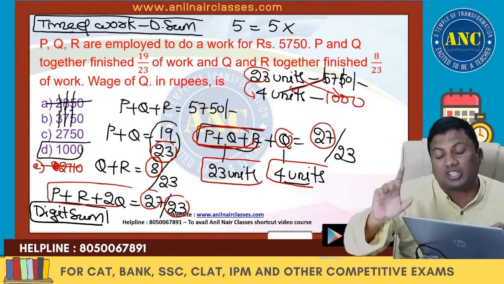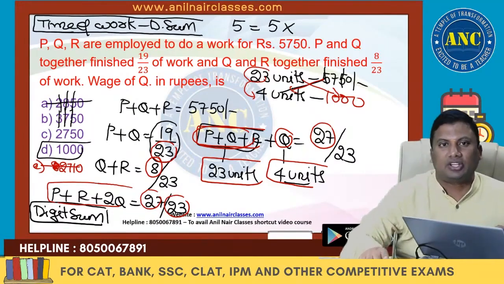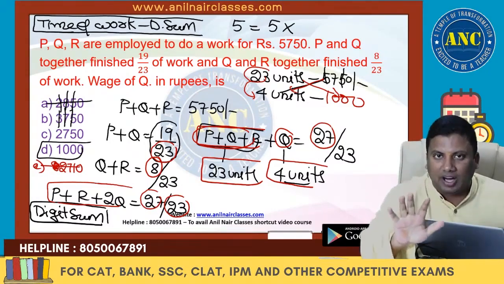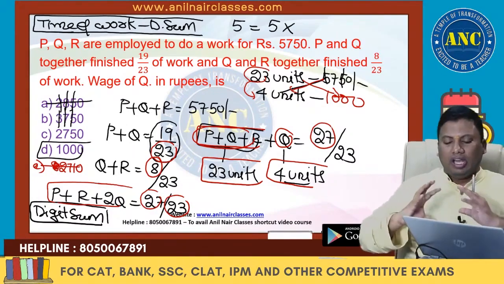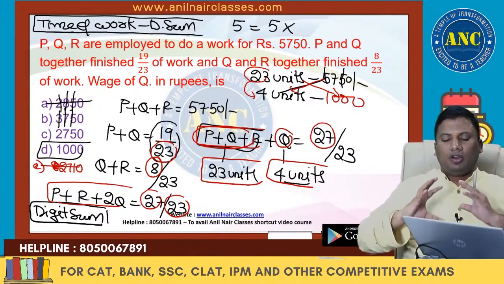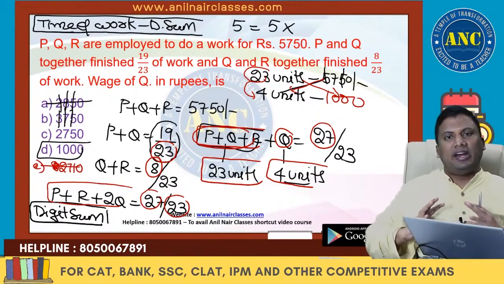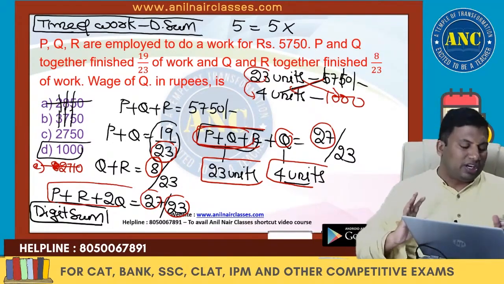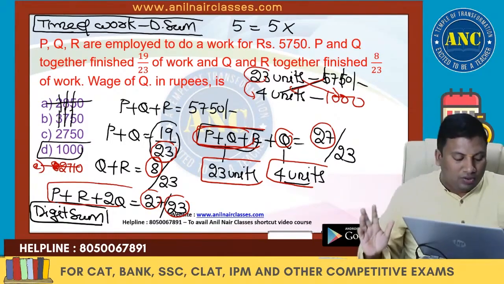In case you are stuck with more than one answer option, definitely in your examination there will be answer options with more than one digital sum. If you are stuck, check the question. 23 units is becoming 4. If 23 is 4, 24 by 6 is 4. 5600 divided by 6, the answer is closer to 1000. In that way you can eliminate it. Stuck with more than one answer option, make use of digital sum.